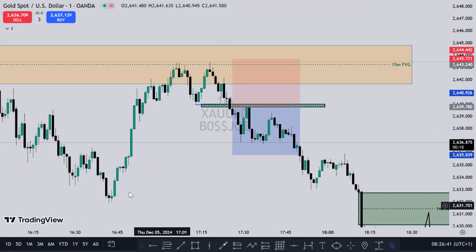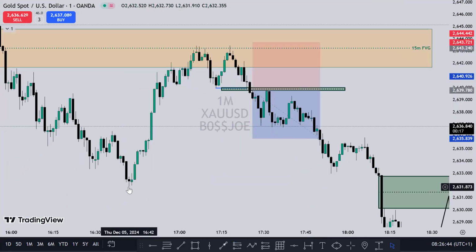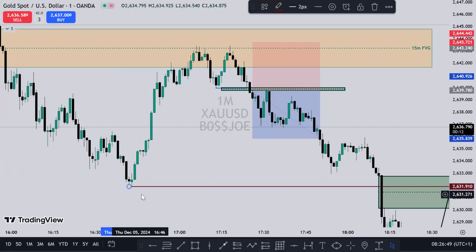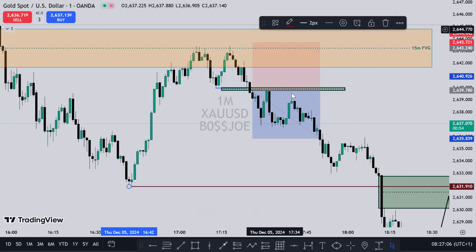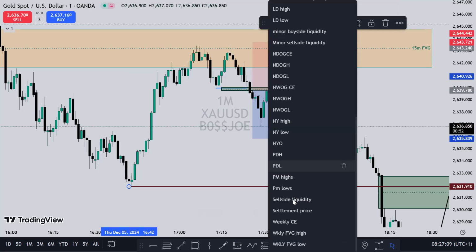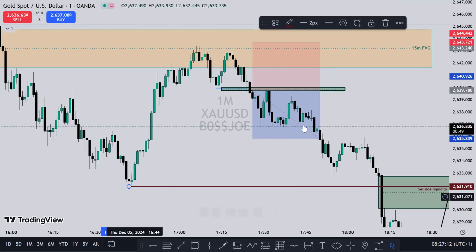Then your target is this swing low right here, an obvious swing low, which is what we call sell side liquidity.